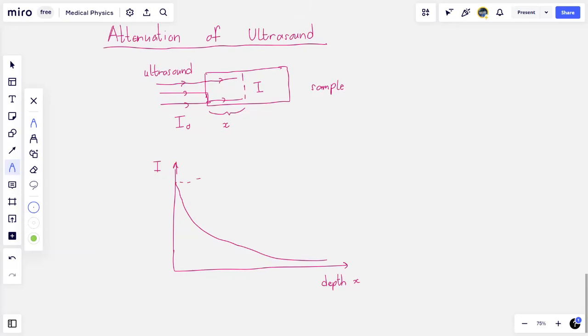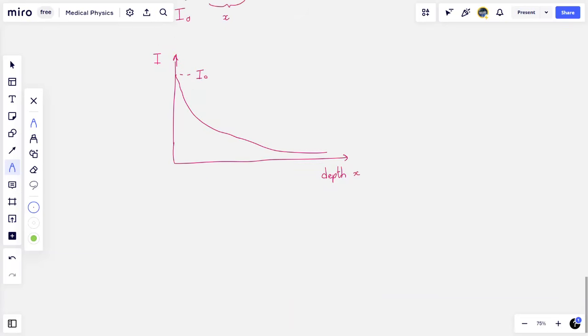In this case, the relationship is with distance. So the measured intensity I decays exponentially with distance, not with time, but with distance. And there's a simple relationship, which is I is equal to I naught e to the minus some constant, which we'll call mu, times x rather than t.